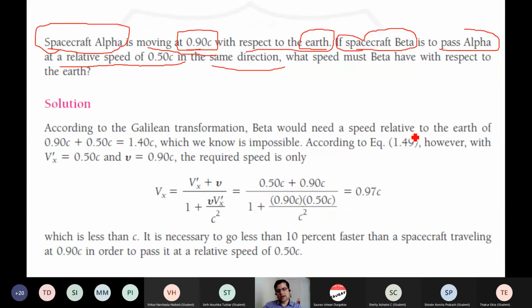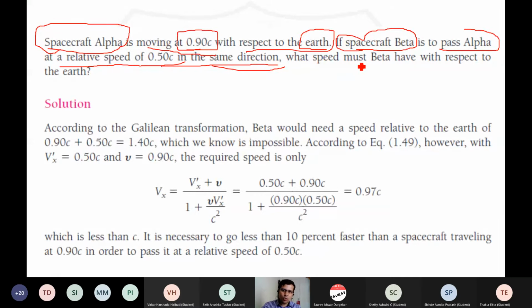This is like the same problem if you have a train moving with a certain speed with respect to the road, and there is a passenger moving with respect to the train. So there is another spacecraft, Beta, moving in the same direction as Alpha, and the relative speed mentioned is 0.5 c.